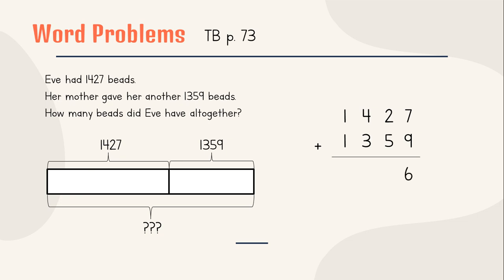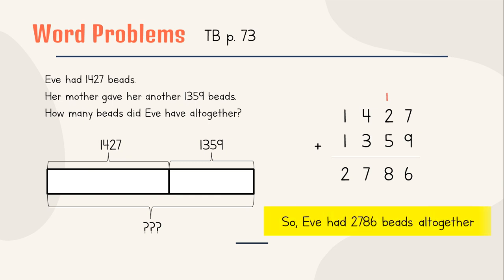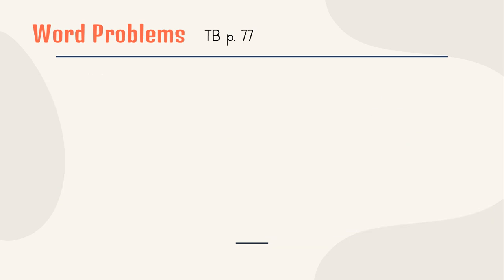Are you sure? 6? It's supposed to be 16. And we put 1 in the tens. 1 tens plus 2 tens plus 5 tens, 8 tens. Do we need to keep something? No. So go to the hundreds. 4 plus 3 hundreds, 700, and 1 plus 1,000, 2,000. So how many beads did Eve have altogether? 2,786.